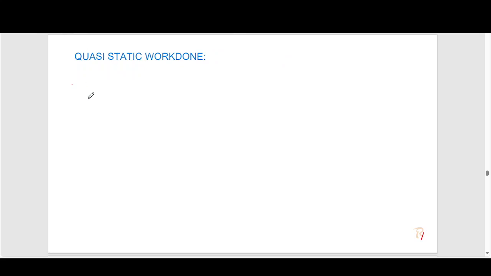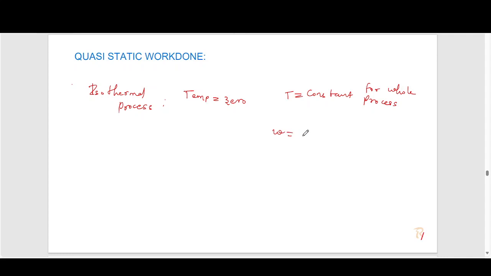Let me write quasi-static points. For an isothermal process, we know that the change in temperature is 0. Therefore, temperature is constant for the whole process. W equals mRT ln of Vf by V initial.